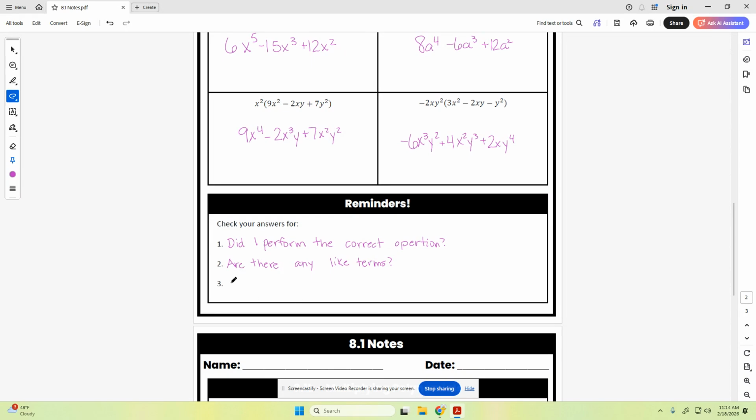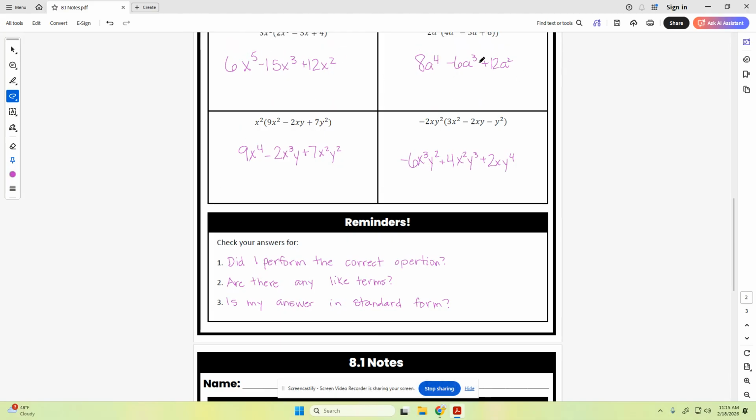And then the last is make sure your answer is in standard form. So for example, we talked about this in the beginning and I kind of forgot to go back to it. If we look at these 2 examples up here, I only had 1 variable.